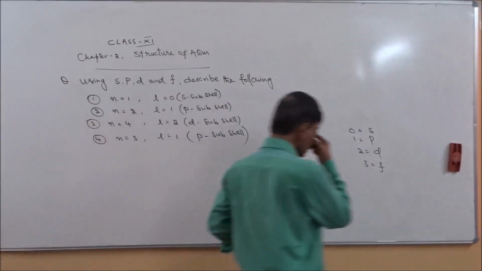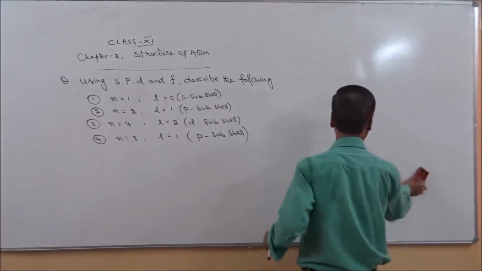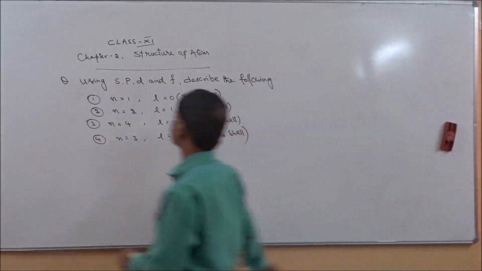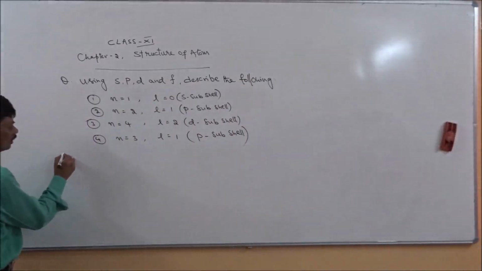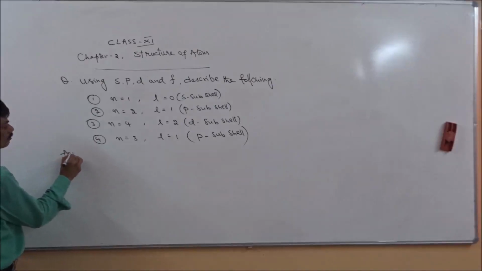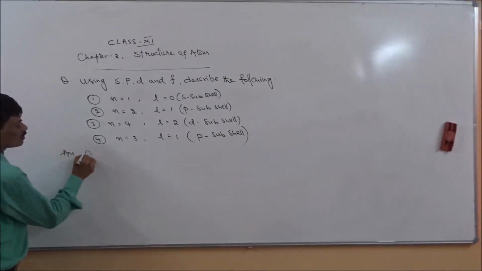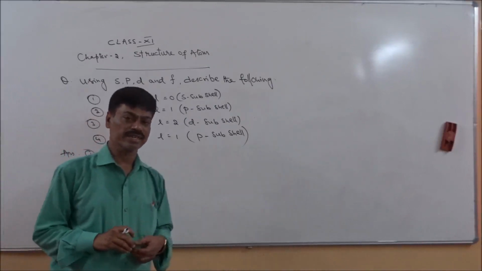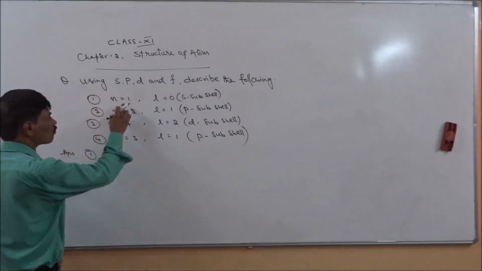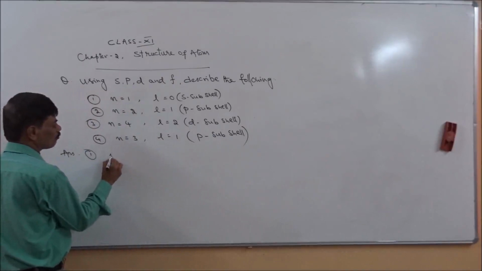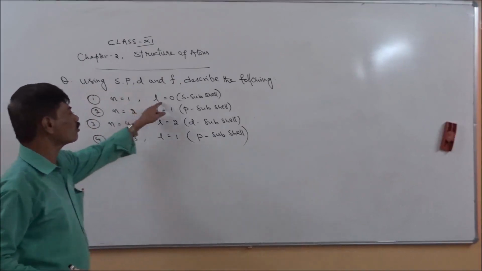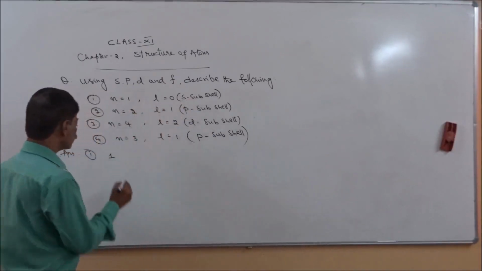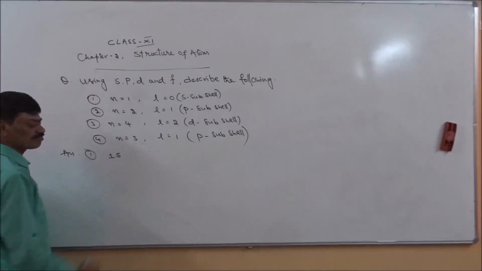Right. Now we have to describe, for each principal quantum number, we have to write the subshell notation associated. Like N is equal to 1, L is equal to 0 means S subshell. So 1S we write.